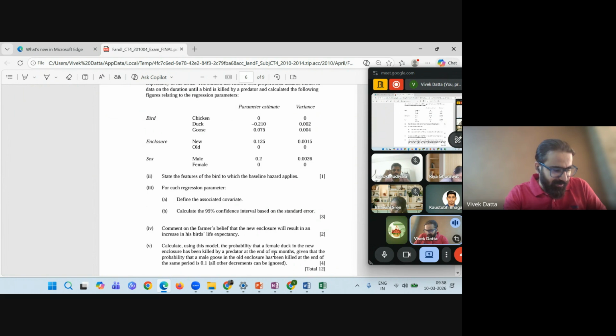The answer is the opposite of what the farmer is telling me. The farmer is saying that the life expectancy is increasing, but the hazard is increasing instead. So life expectancy is decreasing, by 13.31%. Understood how you will do this? Okay.